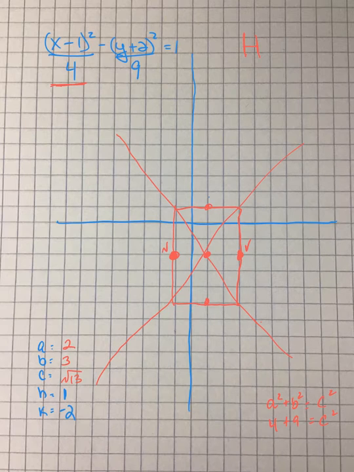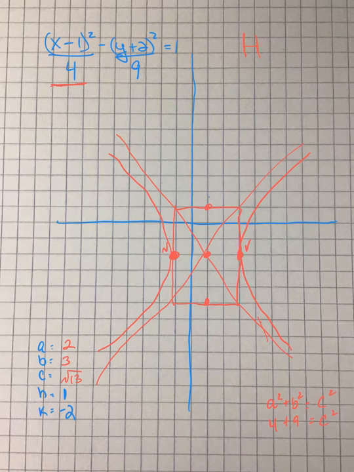Well, it's like an ellipse bounced back, and you're going to have a parabola going in each direction. Since this is horizontal, your parabolas are going to hug the asymptotes on both sides. And your foci will be somewhere inside these parabolas.